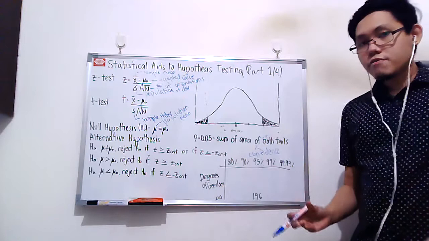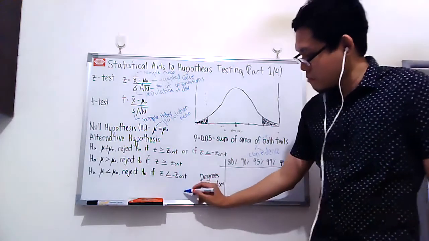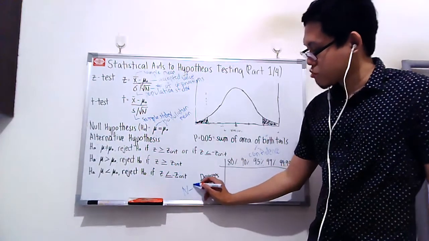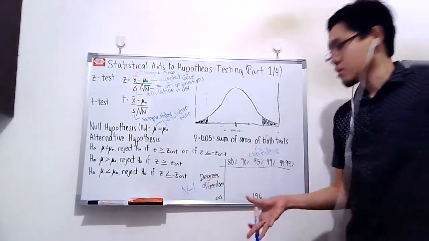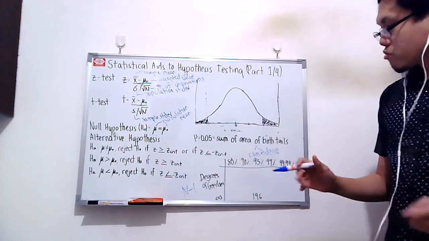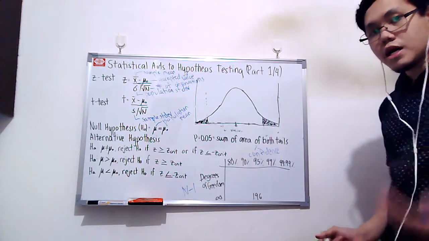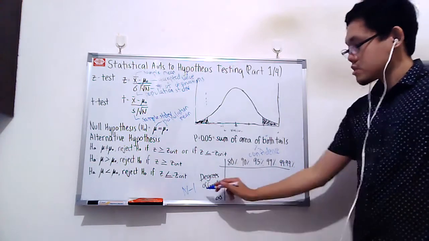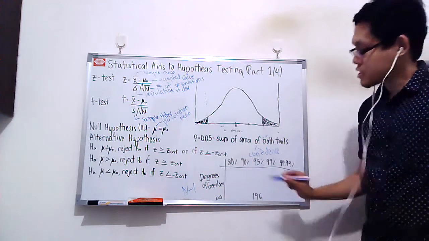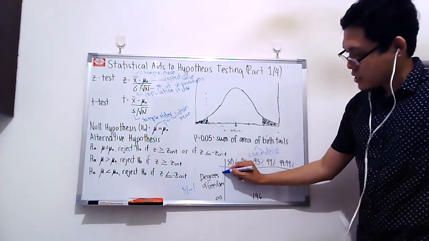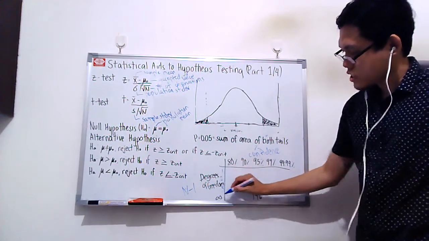The degrees of freedom is the number of observations minus 1, so n minus 1. This table has a value corresponding to the intersection of degrees of freedom and percent confidence.